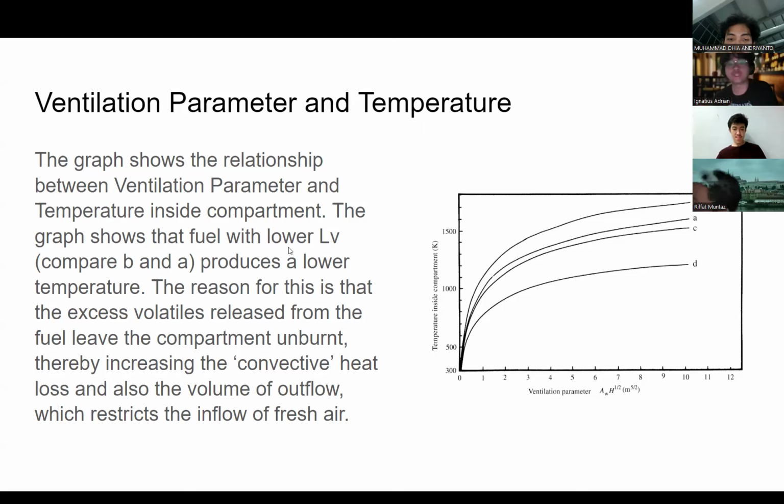The reason is that the excess volatiles released from the fuel leave the compartment unburned, thereby increasing the convective heat loss and also the volume of outflow, which restricts the inflow of fresh air and results in a lower temperature.